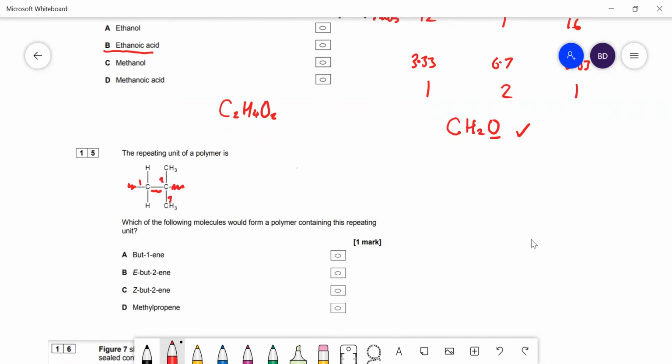So it is going to be methyl propene is the name of that molecule. You've got 3 carbons and a methyl group, and a double bond between carbons 1 and 2. Methyl propene is the answer. The others all have 4 carbons and they're all wrong.